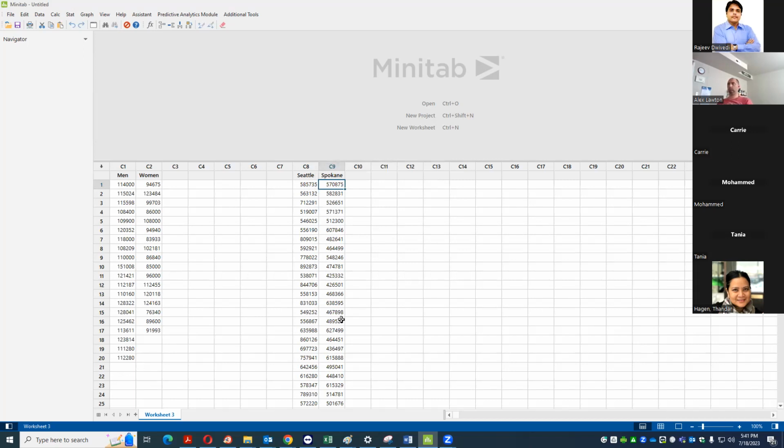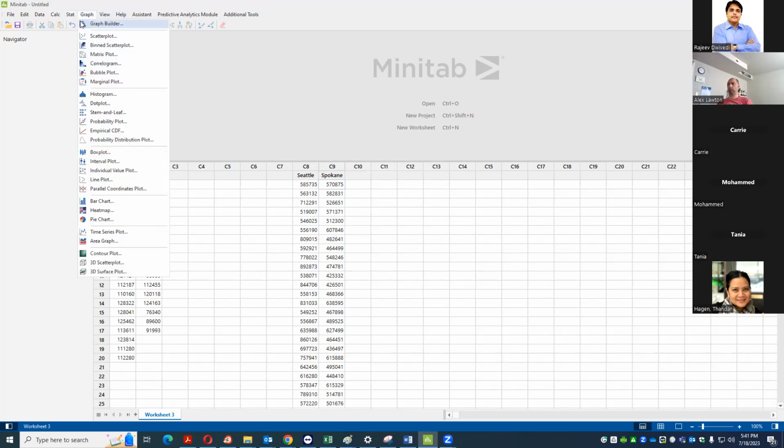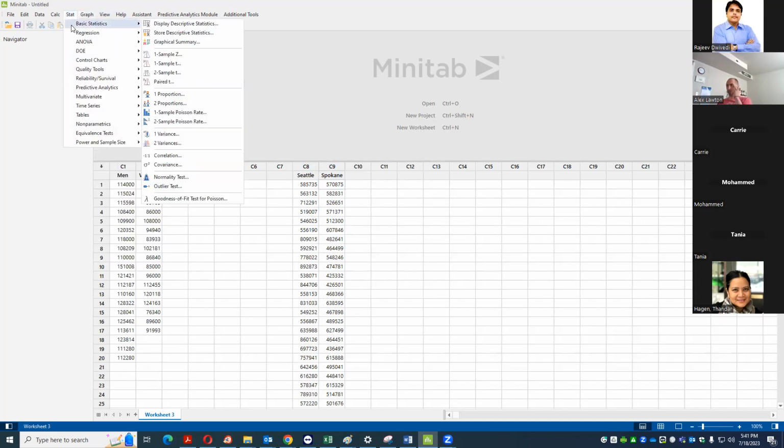Now the fourth step is to calculate the statistics. We have all the options under basic statistics. Can you see this? Statistics, basic statistics, and under here we have one sample, we studied two sample T, paired T test, two proportions, and two variances.